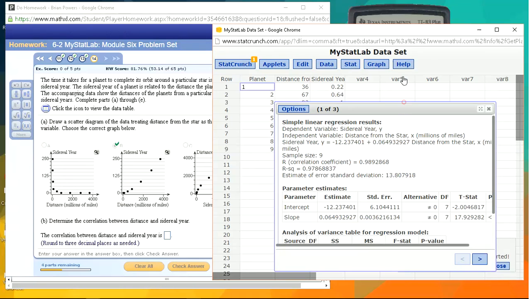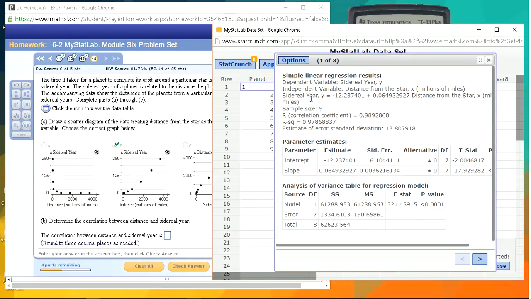So, okay, we are given the correlation coefficient here. It's pretty strong. To 3 decimal places it will be 0.989.